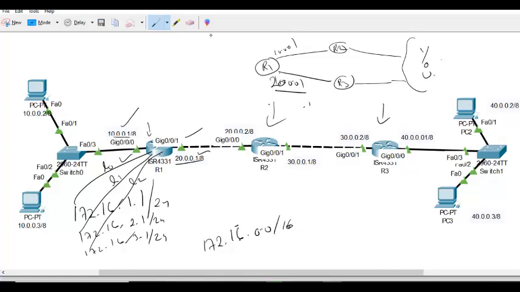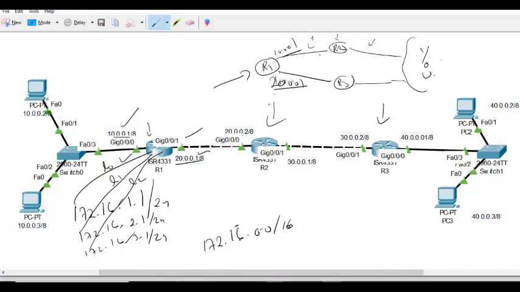The reason may be the router is dead, or the path somewhere here or here is broken. So to decide whether the router is down or the path is down, you will again ping another address, 20.0.0.1. If that also didn't respond, then you may conclude that the router may be down.